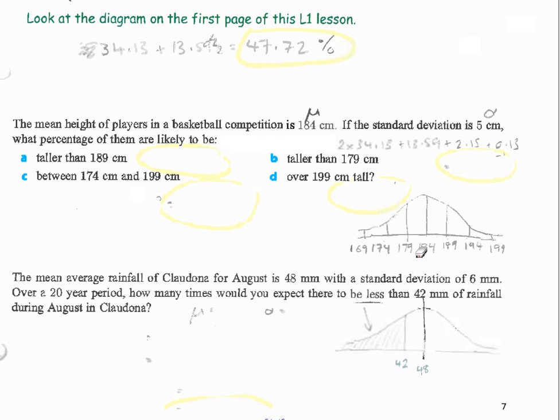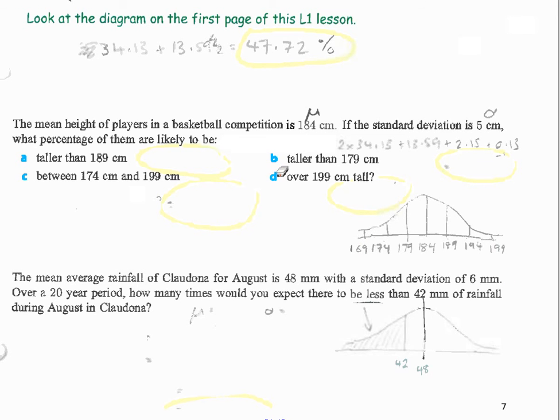So that's 194. The mean plus 3 standard deviations is 199. Notice I just keep adding 5 as I go. Then to go to the mean minus 1 standard deviation, I minus 5. Then minus 5 to get to the mean minus 2 standard deviations. Minus 5 to get to the mean minus 3 standard deviations. So I've just drawn the normal distribution in there to help me.